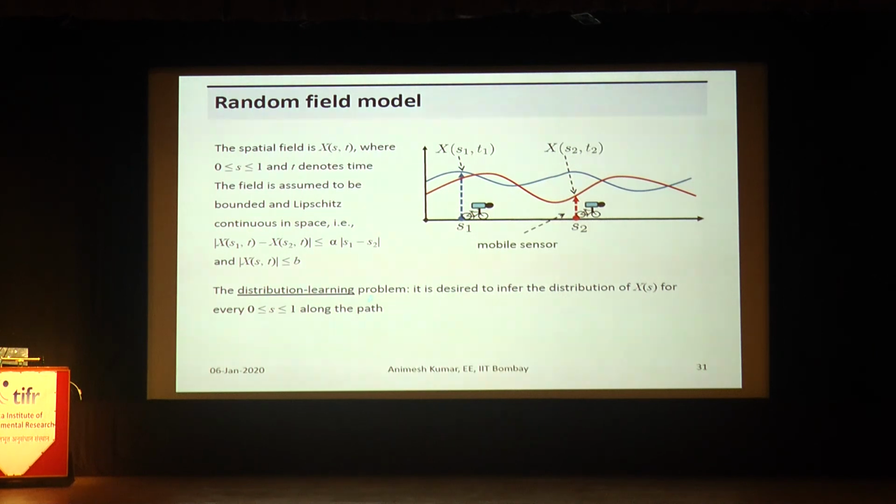And the distribution learning problem is that we want to infer the distribution of x of s averaged over time for every s along this path. So this is very similar to the heat map experiment that I had shown to you earlier.